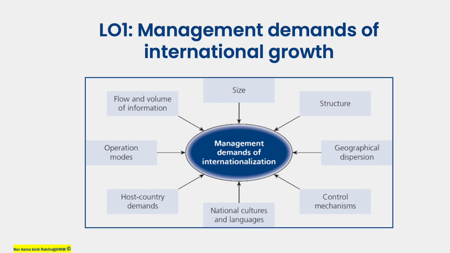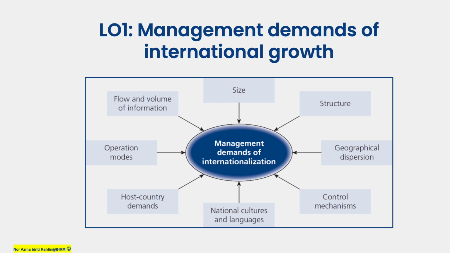Some businesses may be affected by 5 factors. Some organizations or businesses may be affected by 8 factors, depending on the situation and the country that they enter. So we start with factor number 1, size.